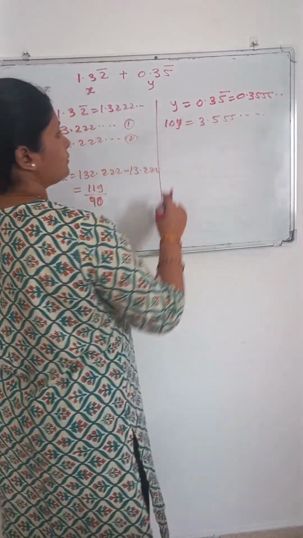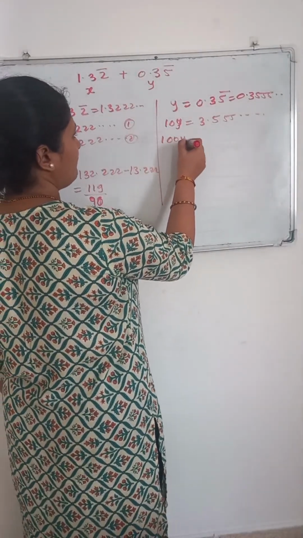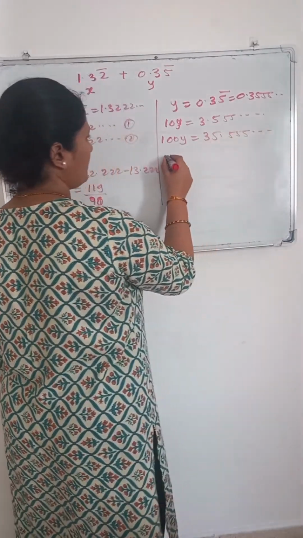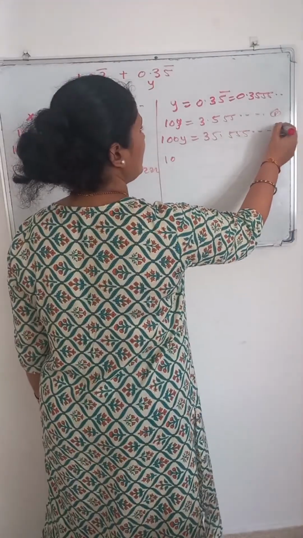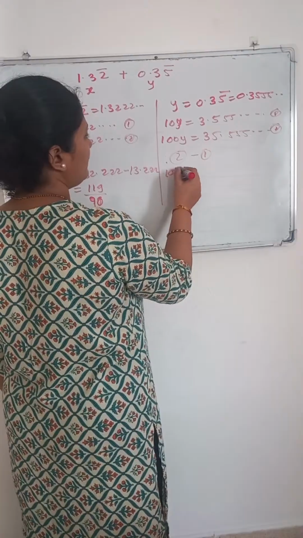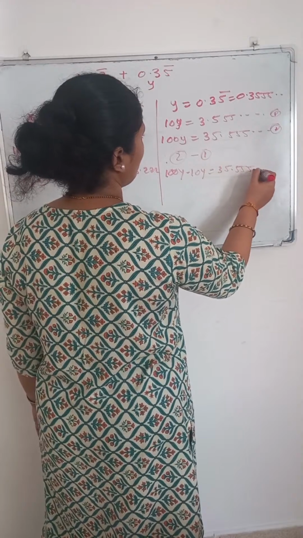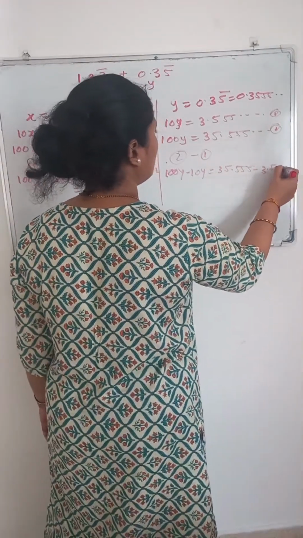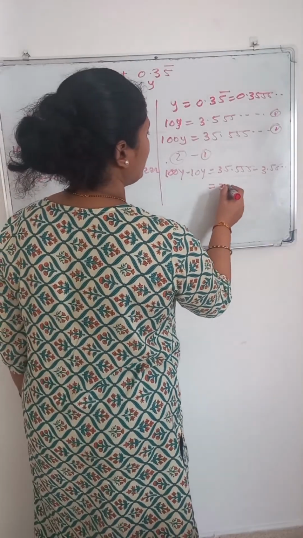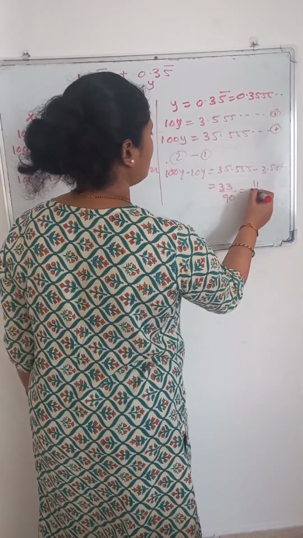The 5 also you can bring to this side. Okay, so again multiply by 10, 100y is equal to 35.555 and so on. Suppose this is 1 and 2, then subtract 1 from 2, so 100y minus 10y is equal to 35.555 minus 3.555. So here if you subtract this, then you will get 33 upon 90, and then this is 11 by 30.